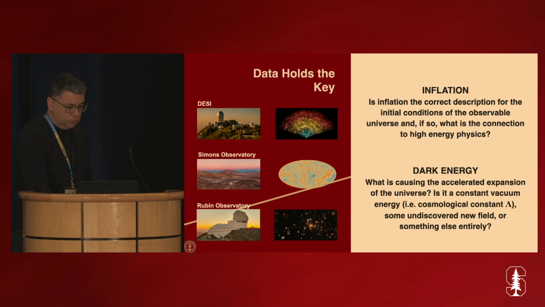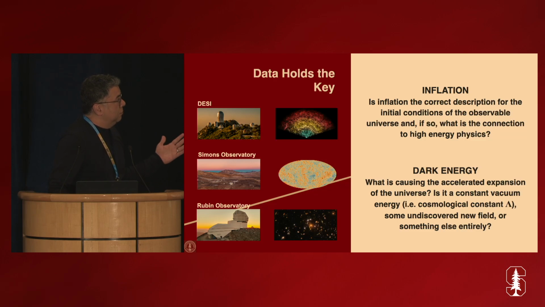So data holds the key. These are all observatories and surveys that KIPAC is active in, both theoretically and through Stanford and SLAC, and other physics departments, including the camera for the Rubin Observatory and the data operations.